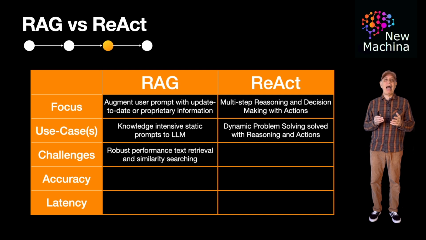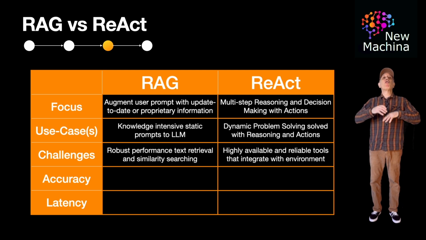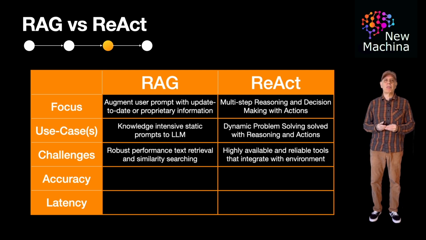A challenge for RAG is that it requires robust retrieval and indexing. Typically, this is solved using a vector database with strong support for similarity searching. Alternatively, ReAct requires reliable tool integration. The tools used in the ReAct system must be highly available and consistent, so the overall system is reliable.